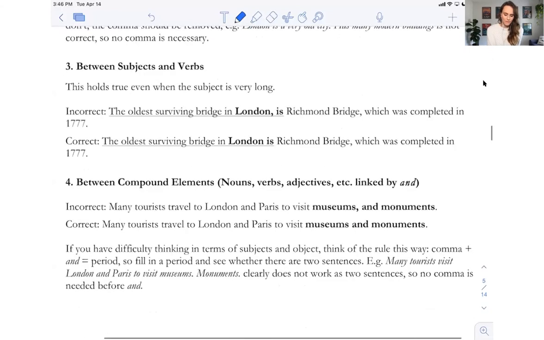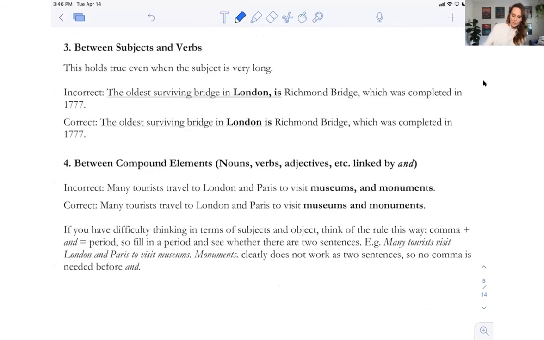Between subjects and verbs, if you see a comma like this right before a verb, I would go looking first thing to see, are there other commas in the sentence? Because it is possible that there is non-essential information with a pair of commas, and then the comma would be okay right before the verb.